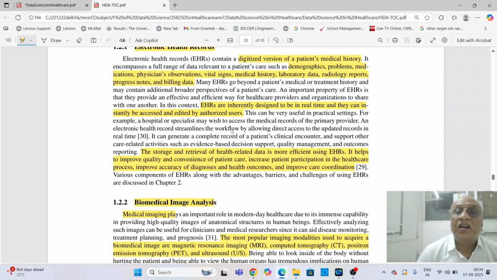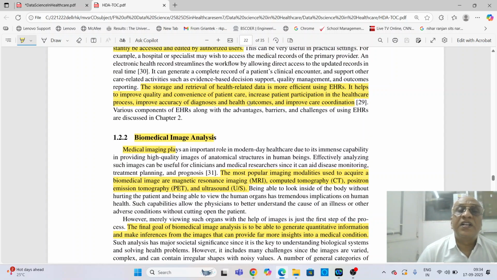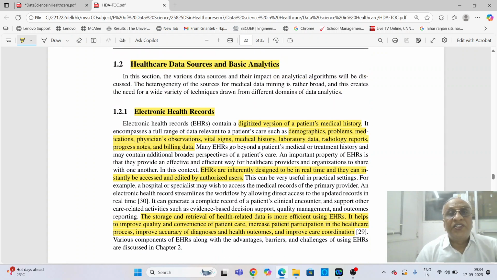EHRs are designed to be real time, and they can instantly be accessed and edited by authorized users. The storage and retrieval of health-related data is more efficient using electronic health records. It helps to improve quality and convenience of patient care, increase patient participation in the healthcare process, improve accuracy of diagnosis and health outcomes, and improve care coordination.